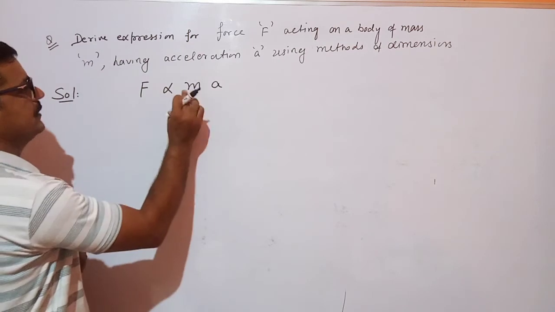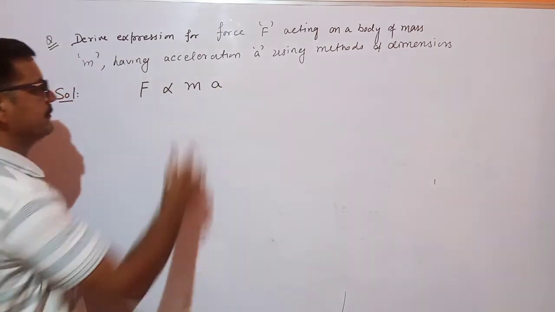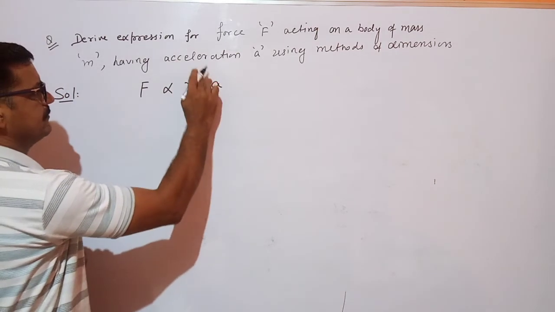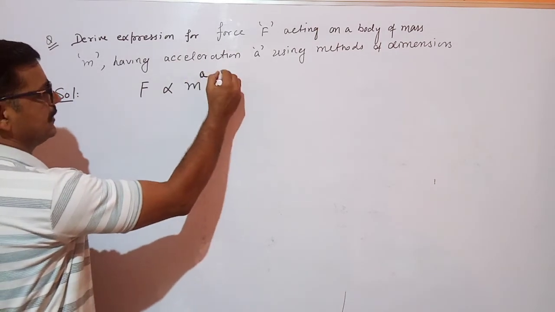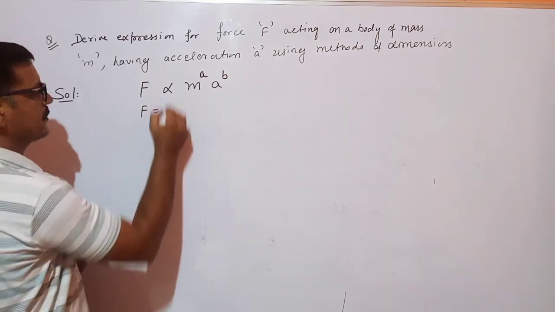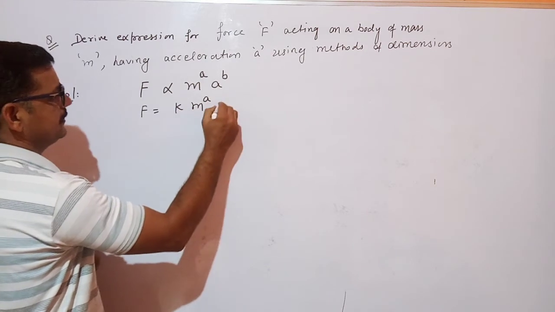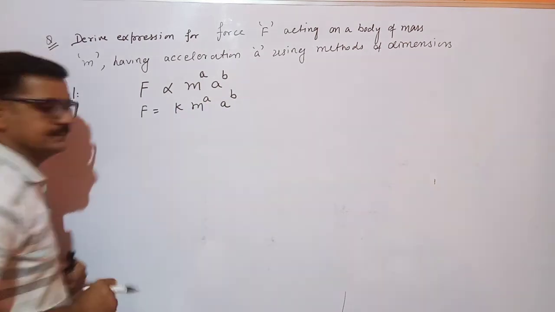So you have simply put mass into acceleration. Now what we have to do, we have to put the powers. Let the power of mass be a and acceleration has a power b. Remove this proportionality, take k m power a and a power b.